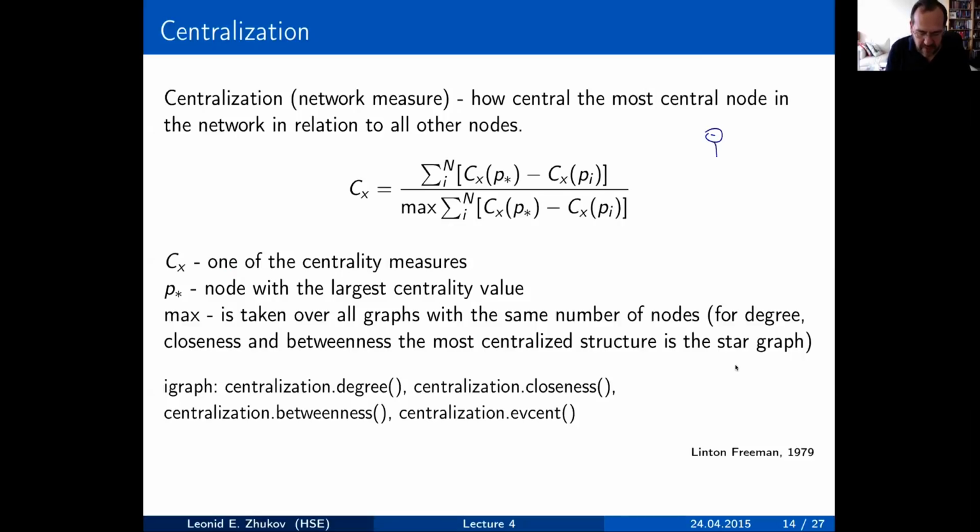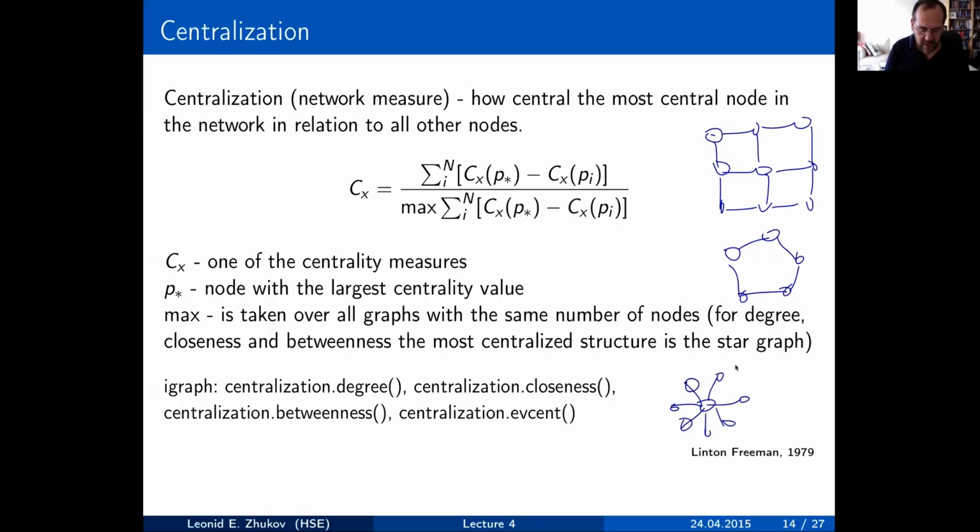For example, if we take this graph, or as we saw, this graph, by their structure it is very different from the star graph, or a graph that has stars here, but maybe another star here, etc. Intuitively, the difference is the following.